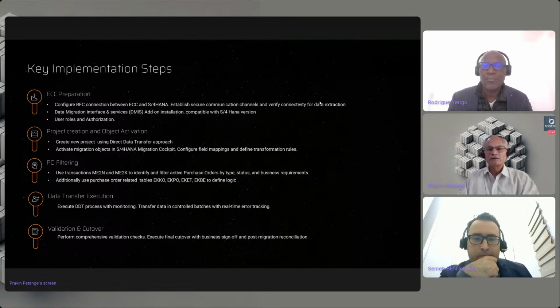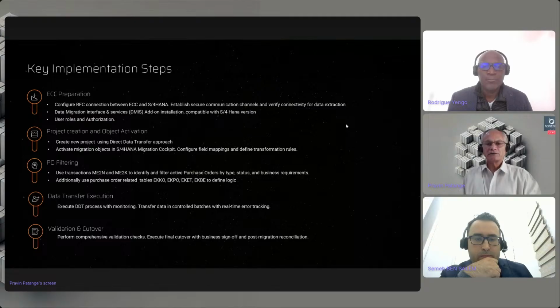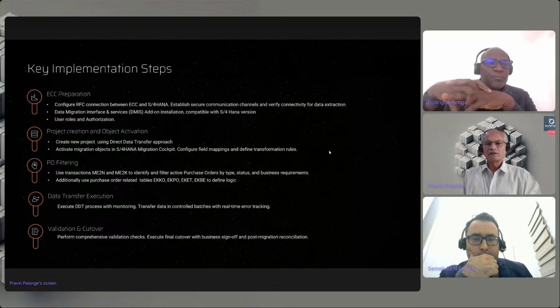Let's now dive into the step-by-step implementation process. First one, ECC preparation. As mentioned earlier, we start by configuring the RFC connection between the S4 HANA system and ECC, installing the data migration interface service, called the DMIS add-on, compatible with the S4 HANA release, and setting up user authorization relevant to the migration object, in this case purchase order.